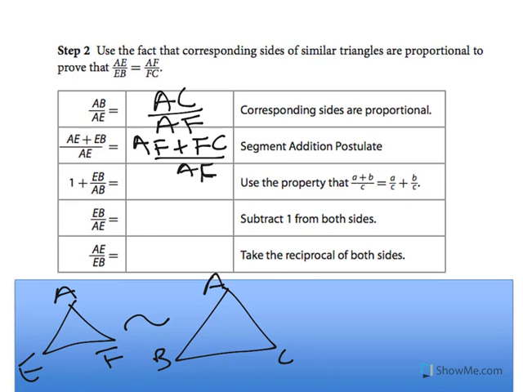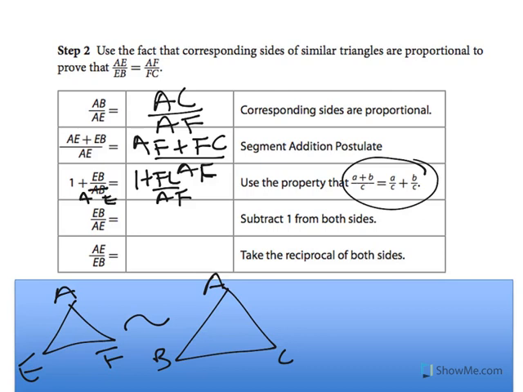Right, and then using the property of this, we can break this out, so then this becomes 1 plus FC over AF. Okay, there's a mistake here, change this to AE.